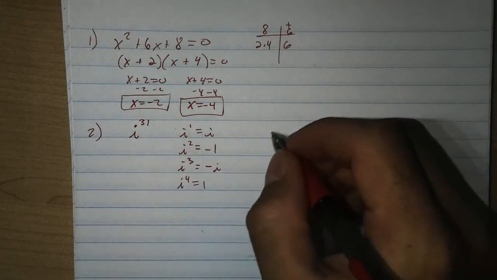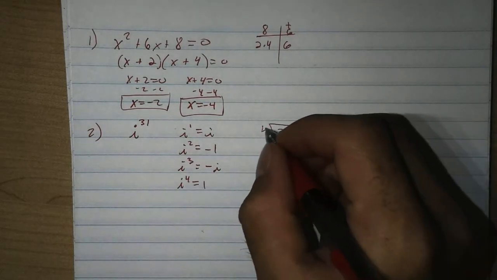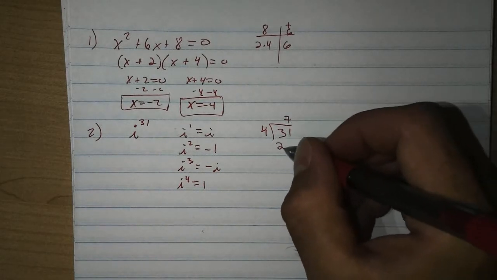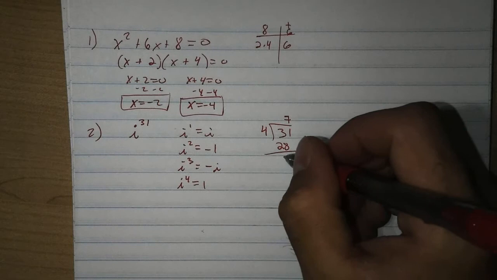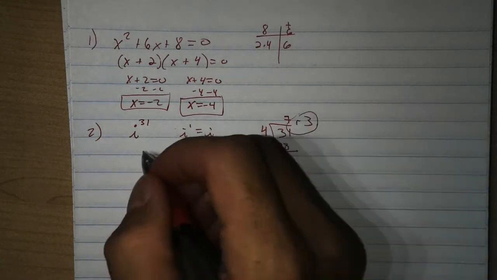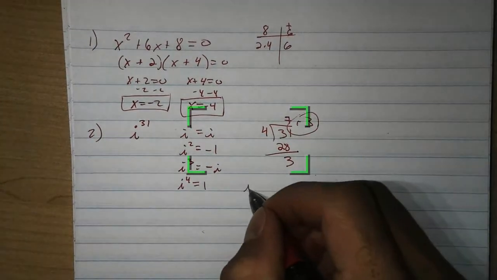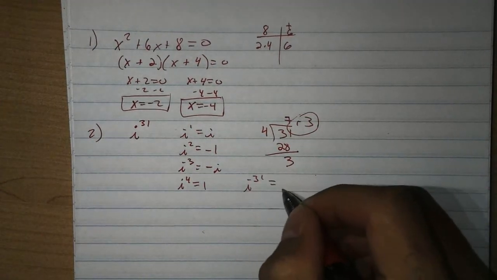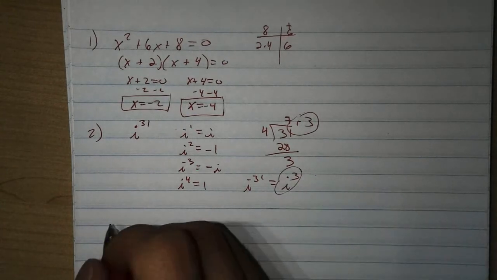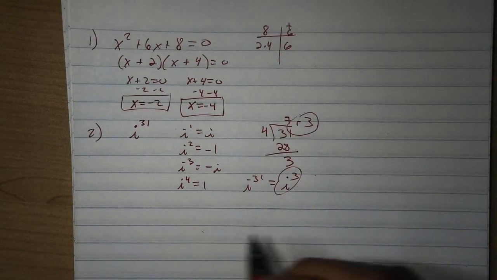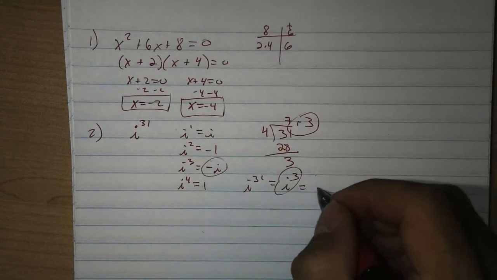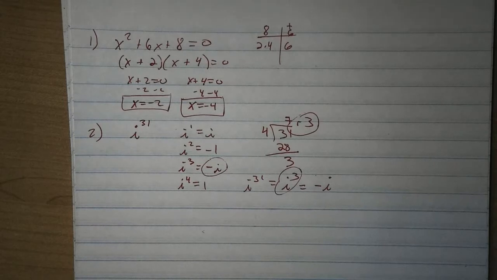So I'm going to divide 31 by 4, we get 7 with a remainder of 3. The remainder is what the i is equal to. So this i to the 31 equals i to the third because of that remainder, which is equal to negative i. This is our final answer.